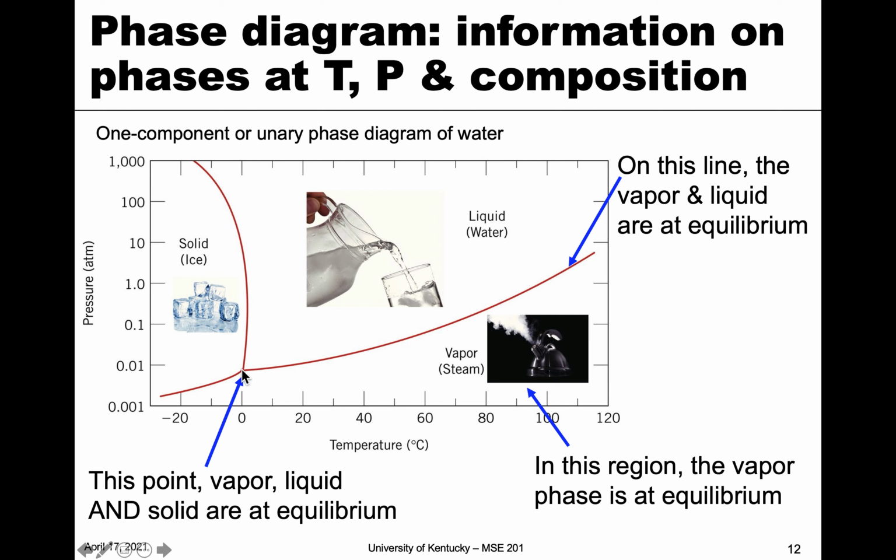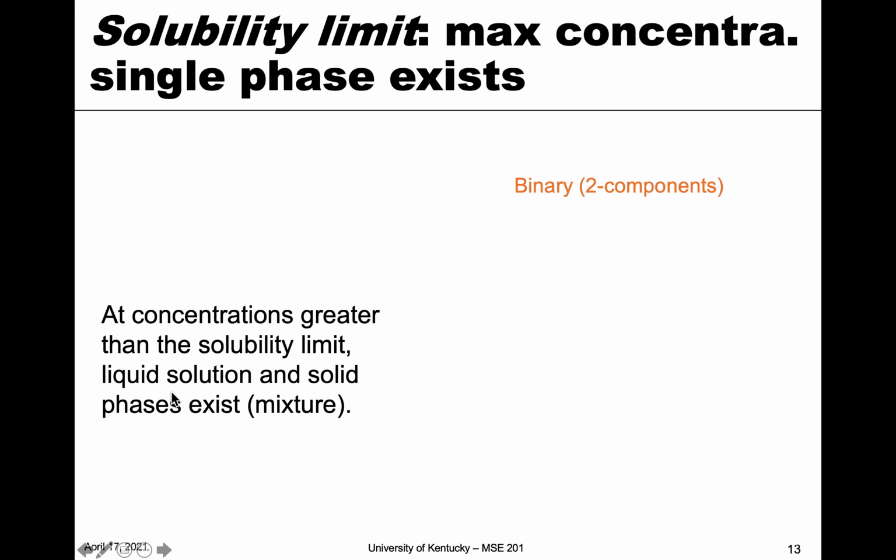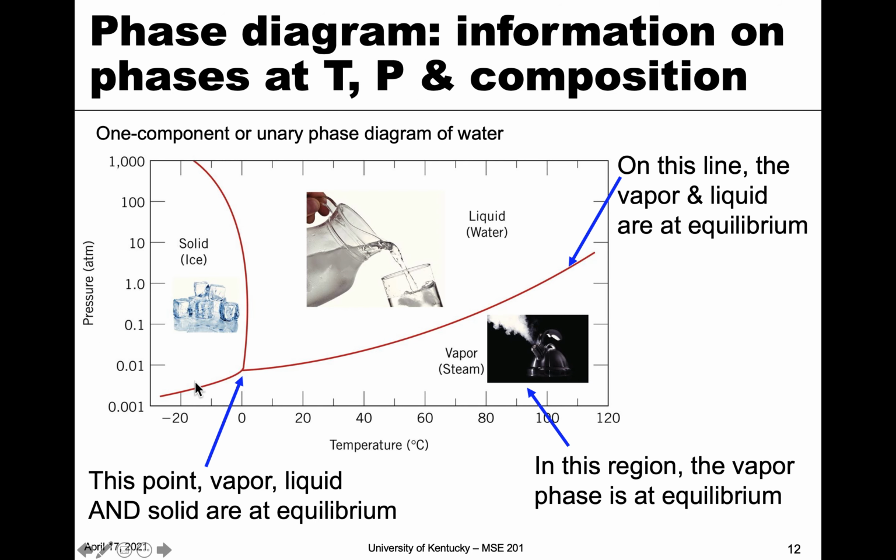The same thing with this line over here: solid and liquid would be present at the line. And on this line, solid and vapor would be present. So the lines tell you, in this case, equilibrium between two phases.